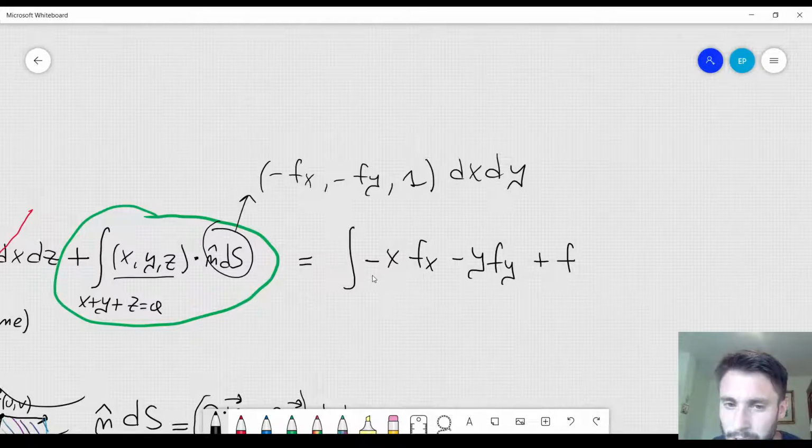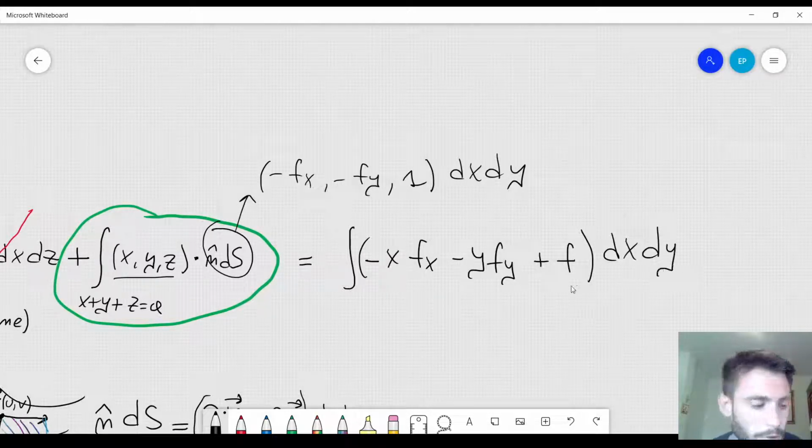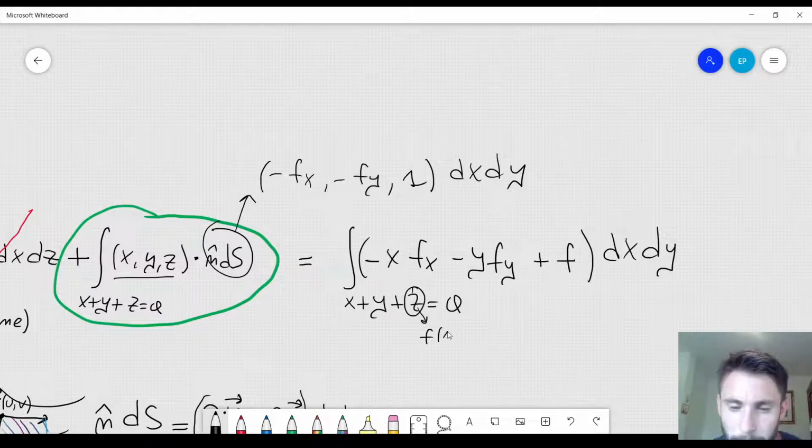but z is just f. It is the function f of x, y, and then I have dx dy, and also remember that I have to integrate over the portion of the plane which is given by the equation x plus y plus z equal to a, where z is the function f of x, y. So if we consider this function, f is just a minus x minus y.